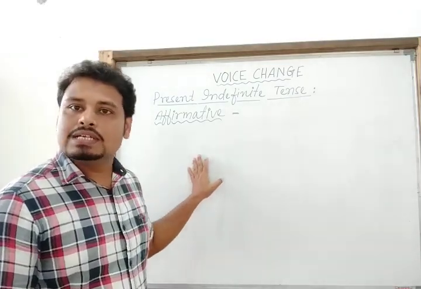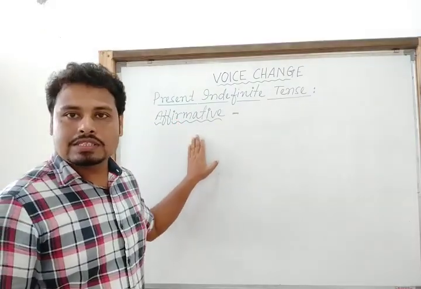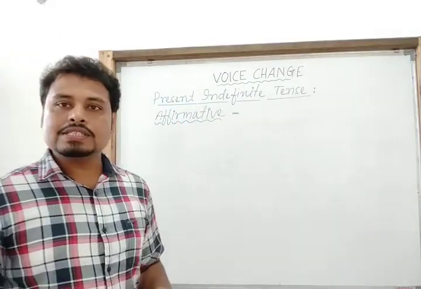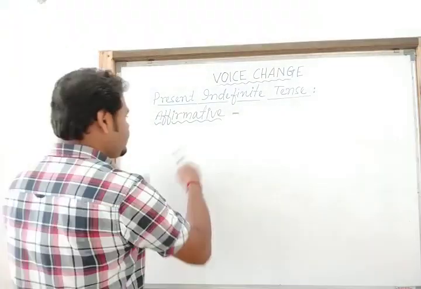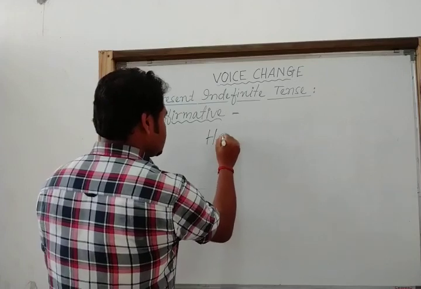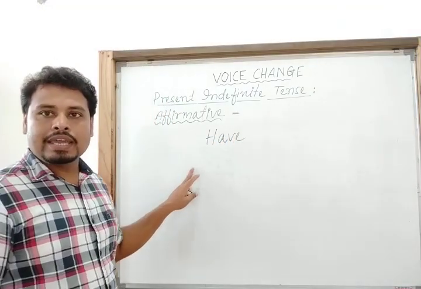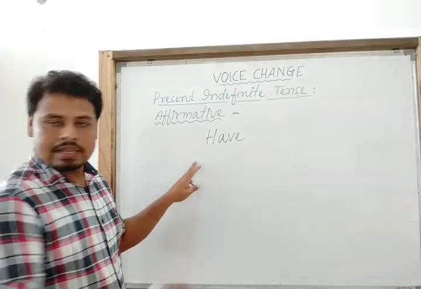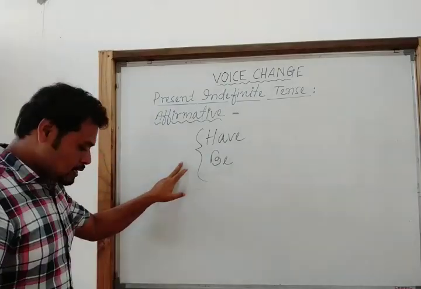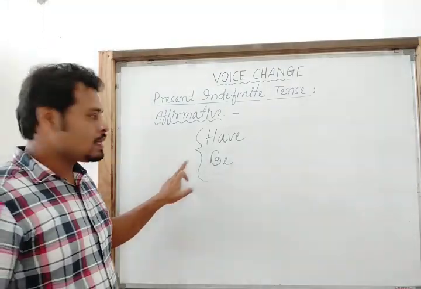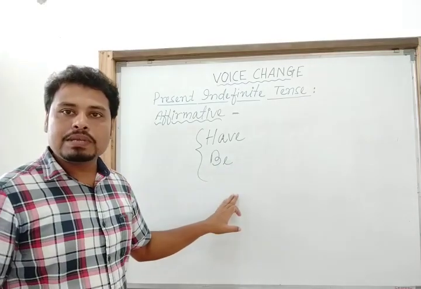Before going deep into that, I would like to mention one thing, and we all must remember it pretty clearly: in present indefinite tense, the voices with verbs like have and with verbs like be cannot be changed. So these be verbs and have verbs, both cannot be changed.